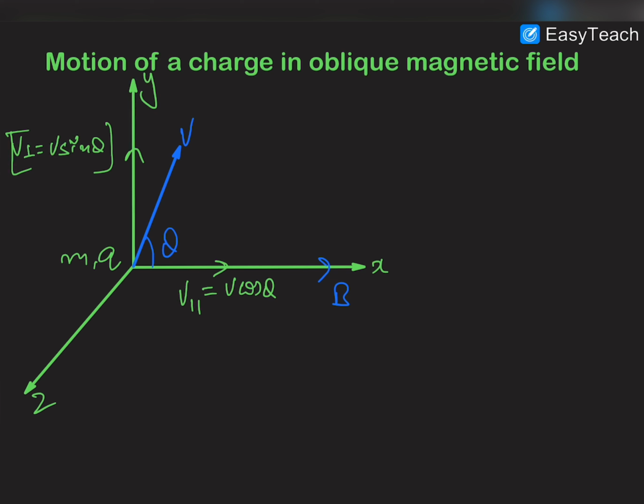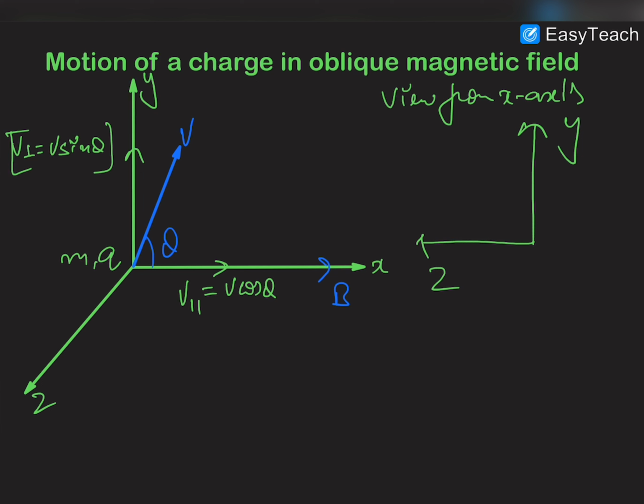If I draw this diagram in YZ plane, let us draw the view from x-axis. We are watching it from x-axis. So this would be the y-axis and this would be the z-axis if we are watching from x-axis.